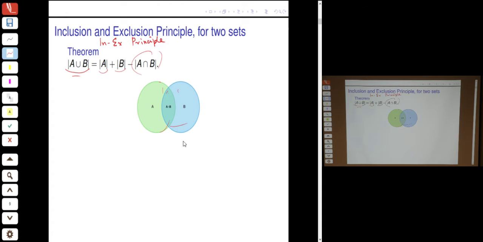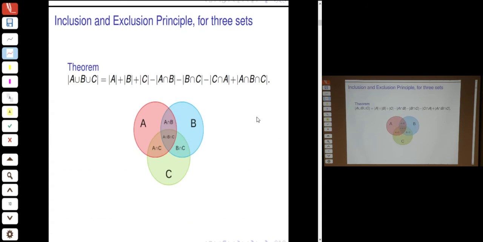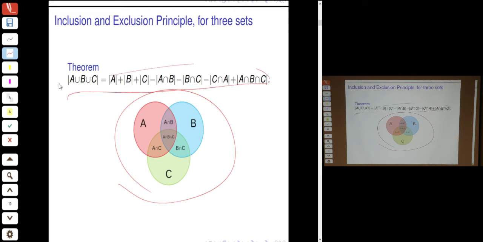For two sets, and here it is in action for three sets, you can do it for any number of sets actually. For three sets it's more complicated because you can have different kinds of overlaps: overlap between pairs of sets, overlap between all three sets, and so on. In the INEX principle, what you always stick to is that the cardinality of the set is the area of the circle representing that set in the Venn diagram.